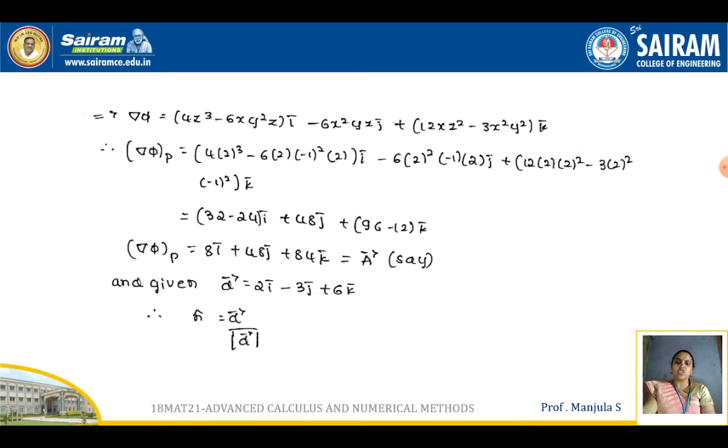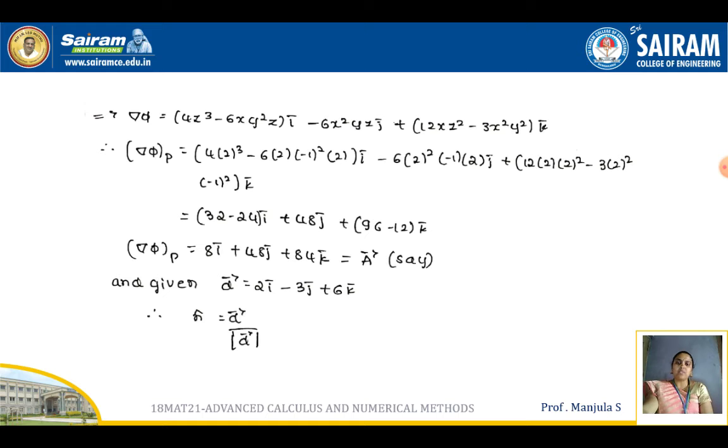On simplification, del phi will be 8i plus 48j plus 84k. Take that as vector A. Now in the question itself they gave the direction, that is vector D equals 2i cap minus 3j cap plus 6k cap.